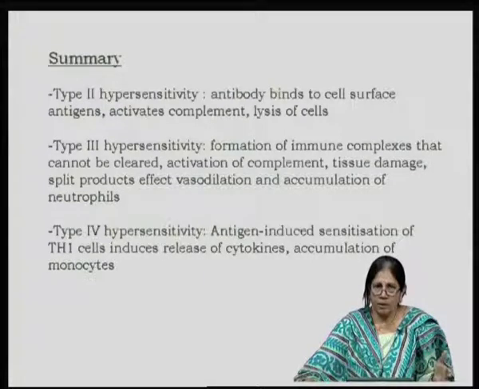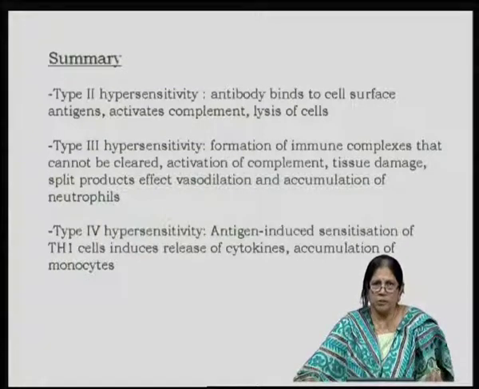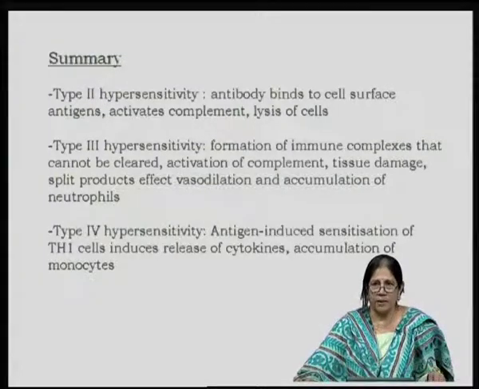In case of IgE, normal individuals do not make too much IgE. Only a few people make too much IgE, which gets sequestered onto mast cells and basophils. In type 2 hypersensitivity, it is only when by mistake one is given a blood group which is incompatible.